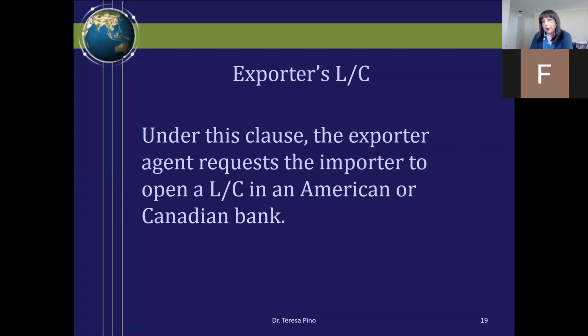Okay, but this is not only used for American or Canadian banks anymore. So a Chilean today may also request an importer to open a letter of credit in a Chilean bank or in a bank he indicates. Okay, so that makes it an exporter's letter of credit. So it's the exporter who requests in which bank the letter of credit should be opened. So this was in the past. Today is for everybody.